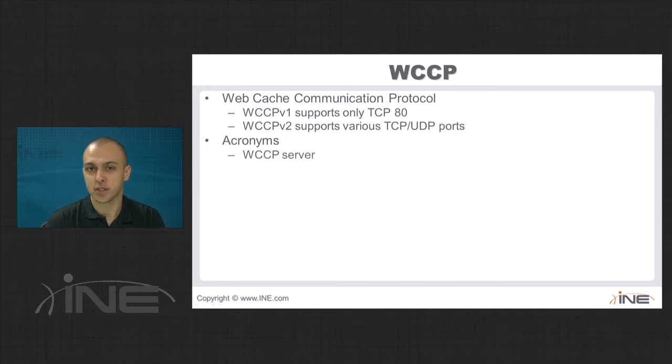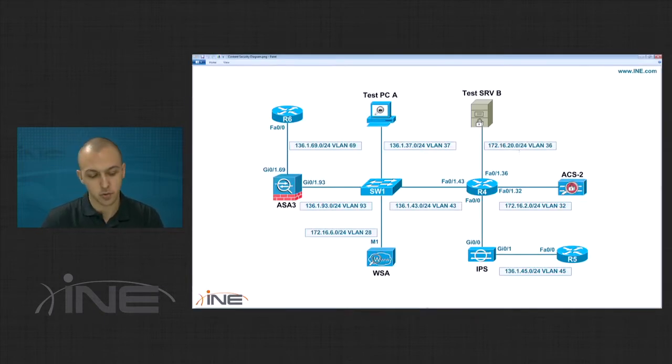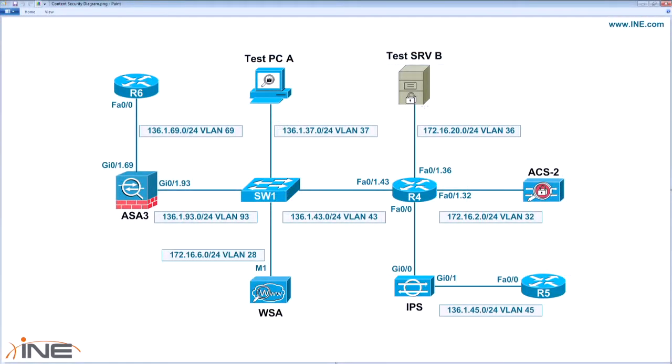What we also need to understand is what exactly the WCCP client and the WCCP server mean. Now, this has nothing to do with the actual traffic flow. For example, let's look at the diagram, and let's say I'm going to use switch 1, which is this one, to do the redirection to the WSA.